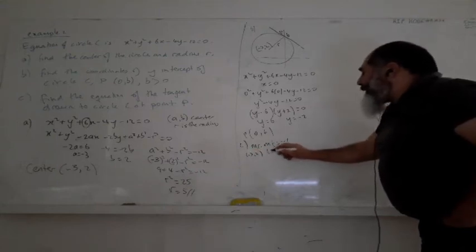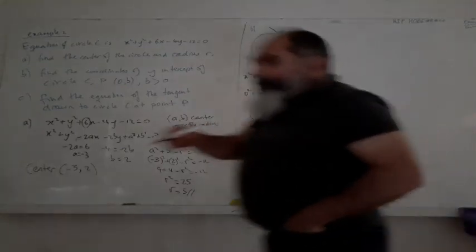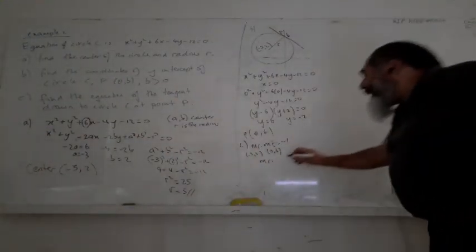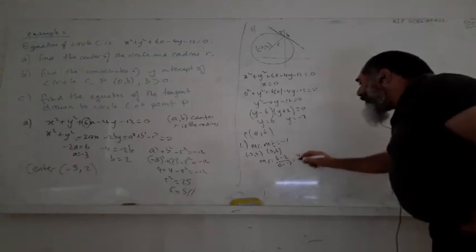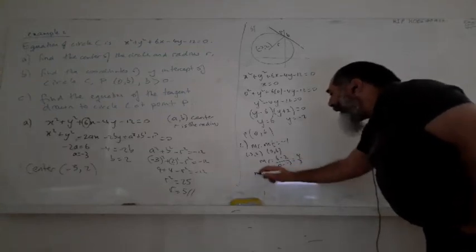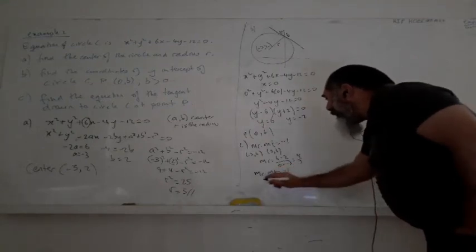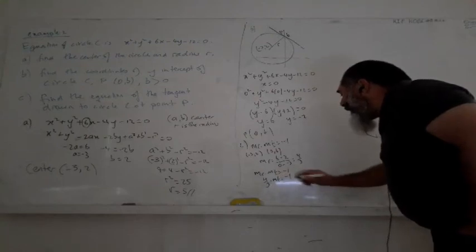So m radius is going to be 6 minus 2 over 0 minus minus 3, which is 4 over 3. m radius times m tangent is equal to minus 1. 4 over 3 times m tangent is equal to minus 1. m tangent is equal to minus 3 over 4.